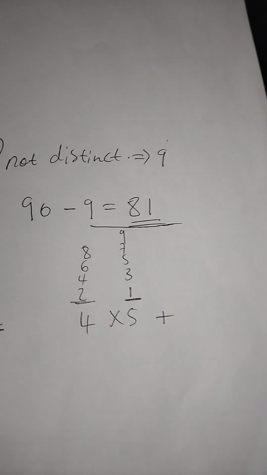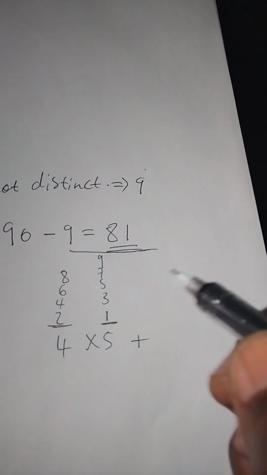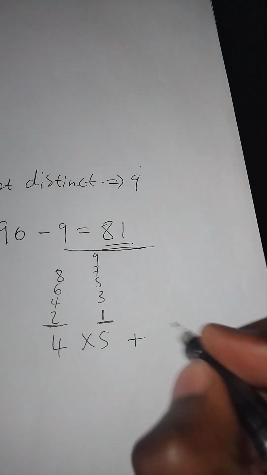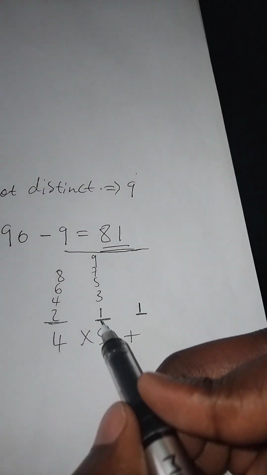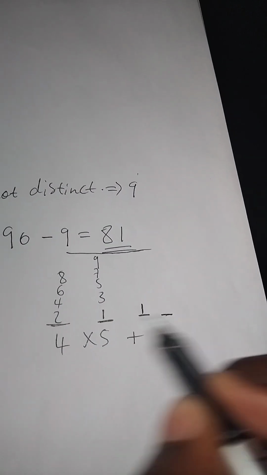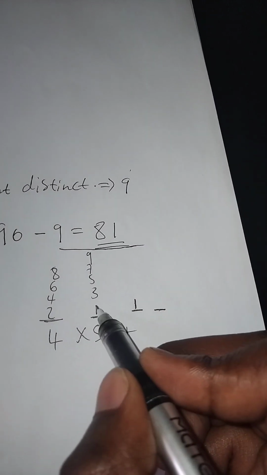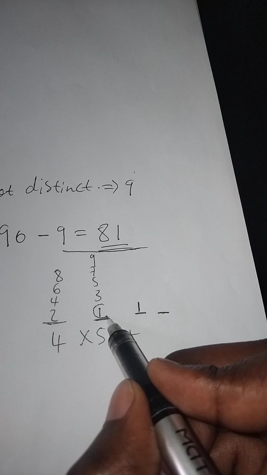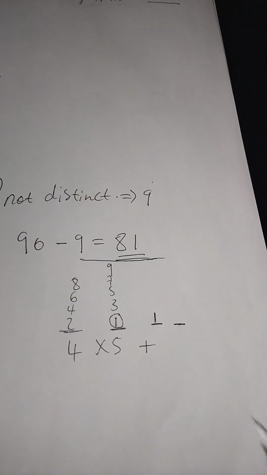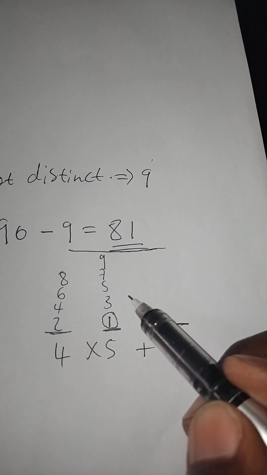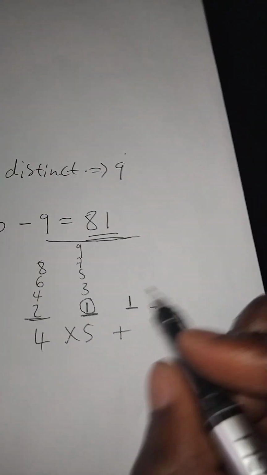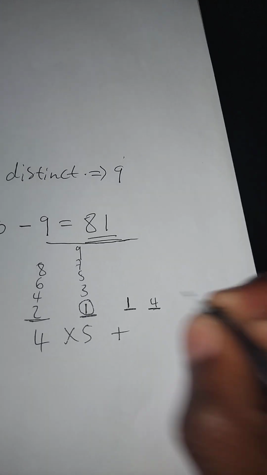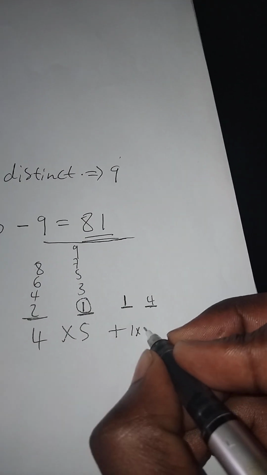Let's suppose now I want to start with the 1. Notice that already on the second slot there was a 1 that is being accounted for, so I have to exclude that 1. What are the possible numbers that I can put there? There are only 4 of them, 1, 2, 3, 4. So that implies 1 by 4.